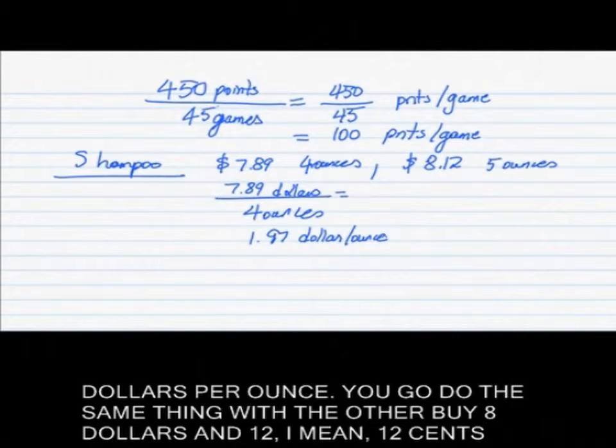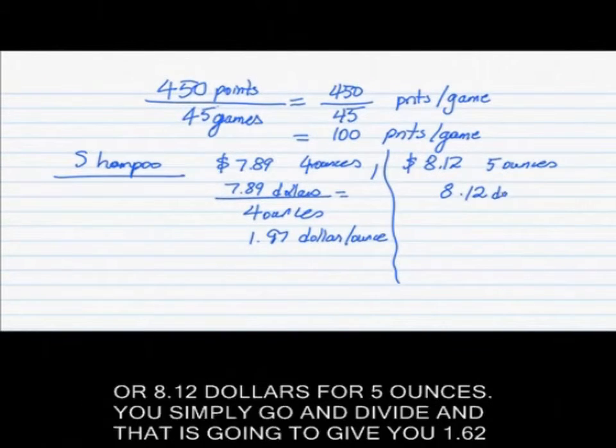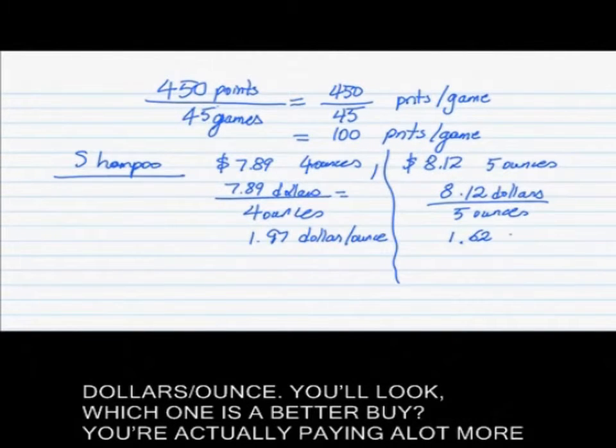You go do the same thing with the other buy. $8.12 for 5 ounces. You simply go and divide, and that is going to give you $1.62 per ounce.